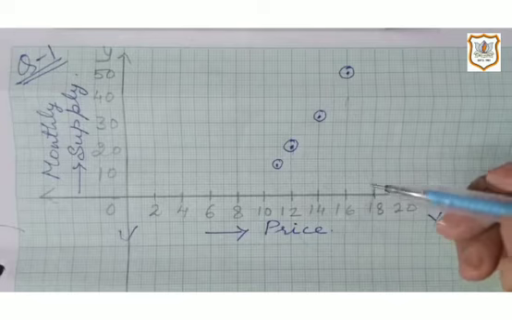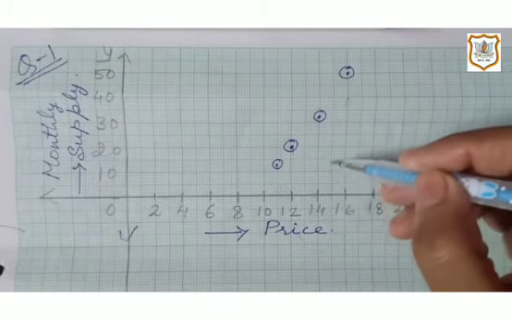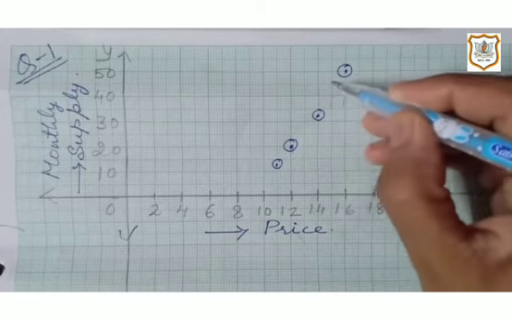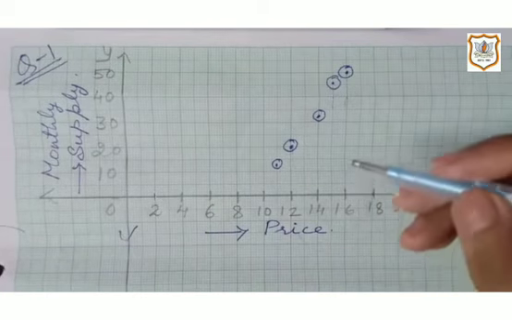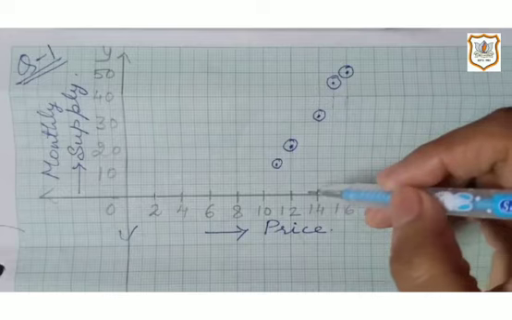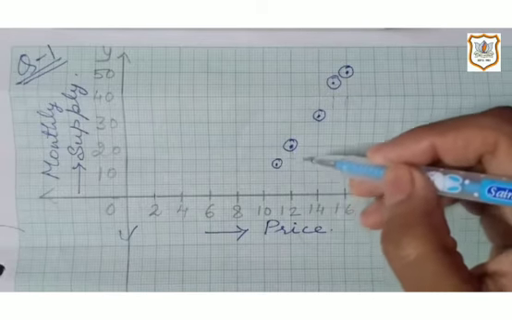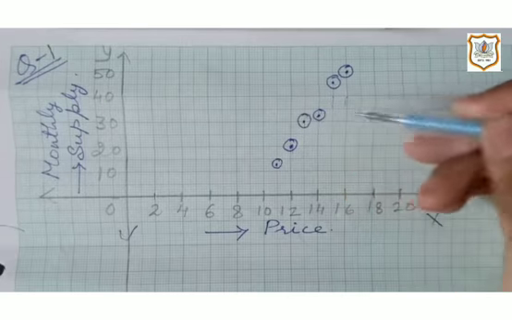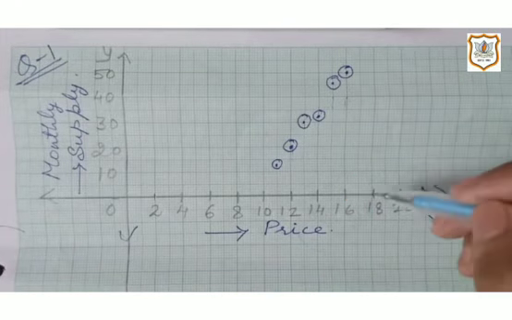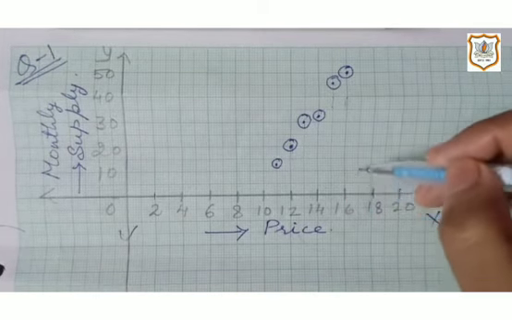Next is 15 and 45. So this is 15 and 45 will be over here. The next is 13 and 30. So this is 13 and this point is 30. The last point is 17 and 53.